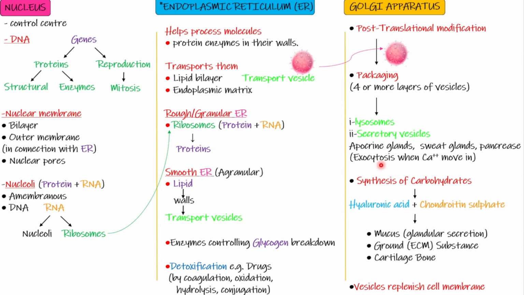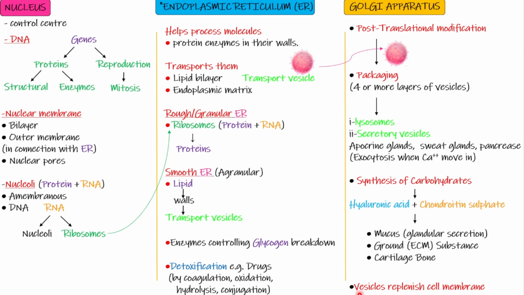The vesicle is attached to the cell membrane, the secretions are released outside the cell, and in most cases the membrane of the vesicle becomes part of the cell membrane. That's how the Golgi apparatus replenishes the cell membrane.